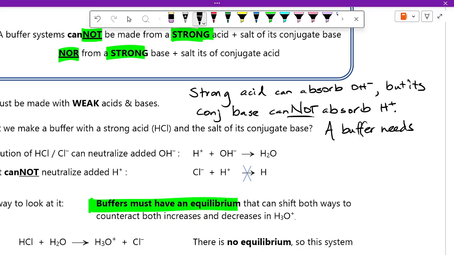A buffer needs a conjugate acid-base pair that can absorb hydroxide and that can absorb hydrogen.